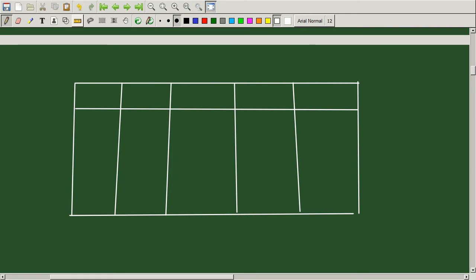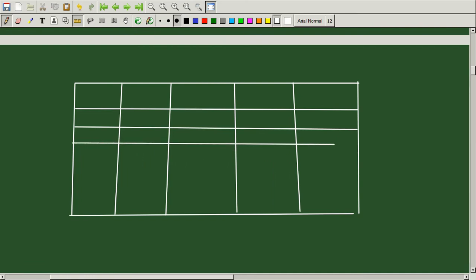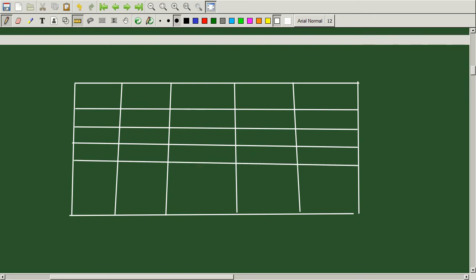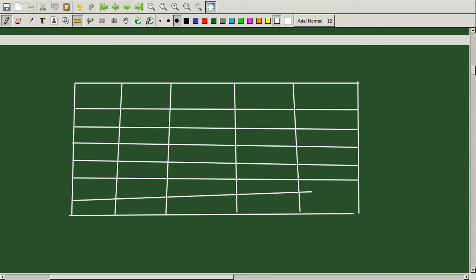Using this tabular column, we are going to find the surfaces. Totally there are 6 surfaces: S1, S2, S3, S4, S5 and S6. But S6 is not included. Using the diagram, we are going to write.